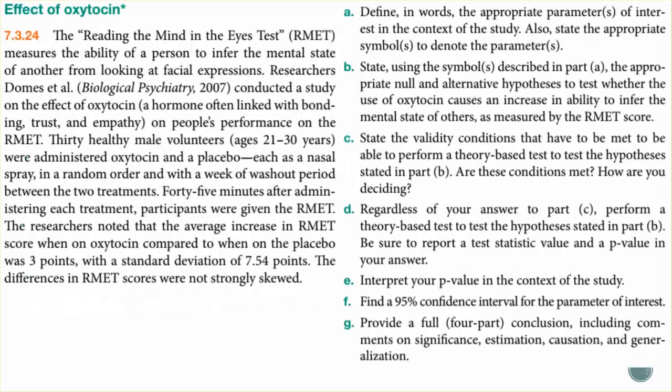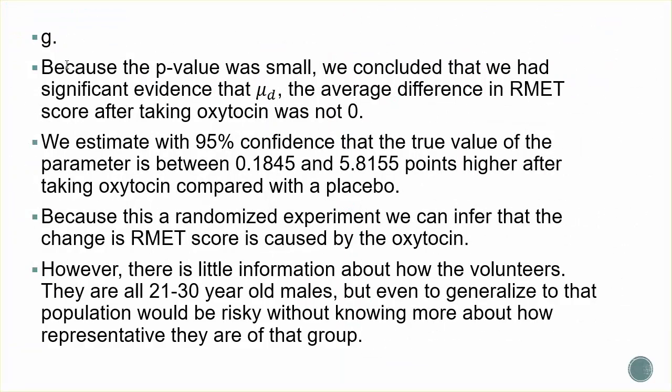All right, so that answers part F, and then the last question is to provide a full 4-part conclusion, including comments on significance, estimation, causation, and generalization. So take what we've already talked about and put it into one nice paragraph. Because the p-value was small, less than 0.05, we concluded that we had significant evidence that mu d, the average difference in RMET score after taking oxytocin, was not 0.